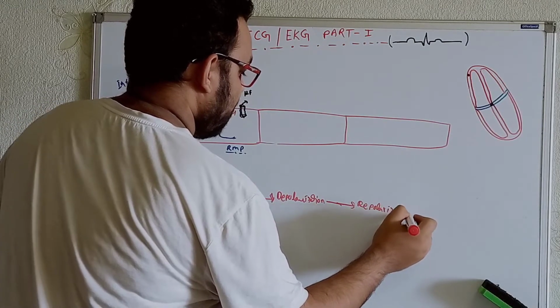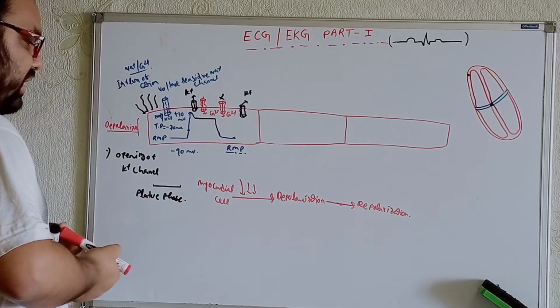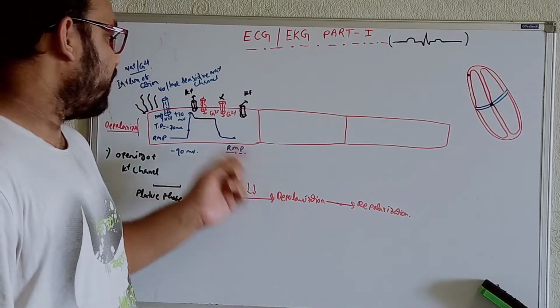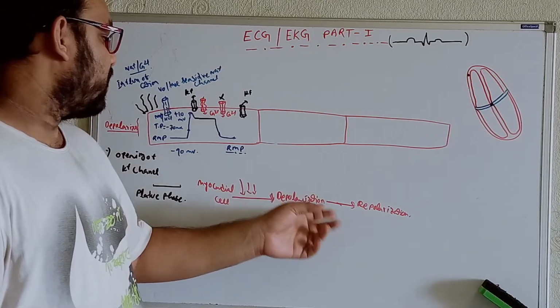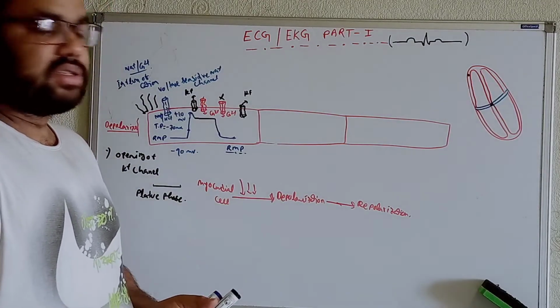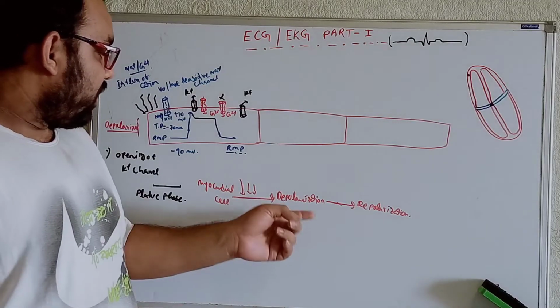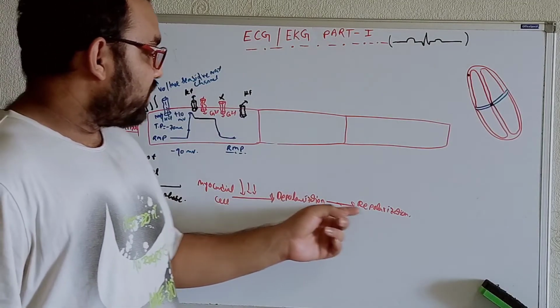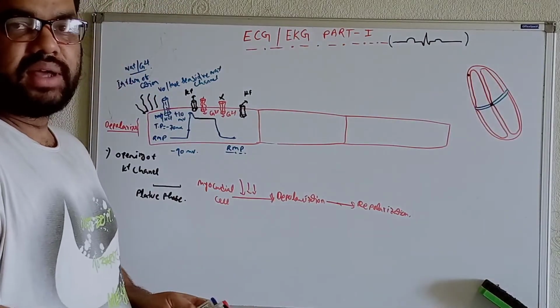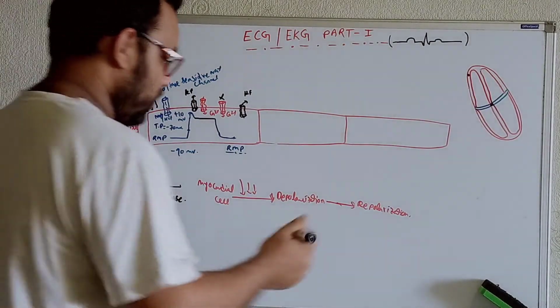These two activities go through the whole membrane. So these two phenomena, depolarization along with repolarization, collectively are known as the action potential. So you can write it over here.